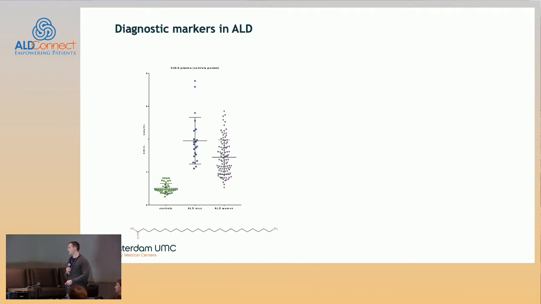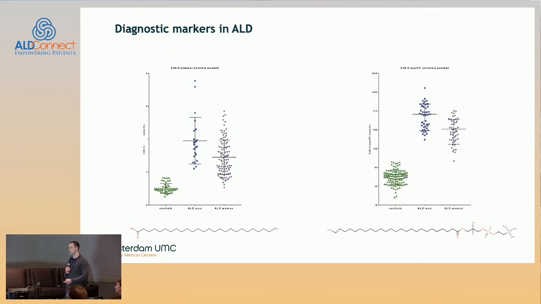That's why the field has been looking for new biomarkers, and one marker that's been used quite a lot at the moment is the LPC26:0 marker. It looks a bit like this fatty acid, however, the fatty acid is now incorporated into a more complex lipid structure. It's connected to a glycerol backbone that is connected to a phosphatidylcholine head group.